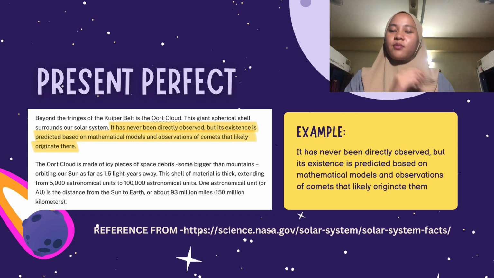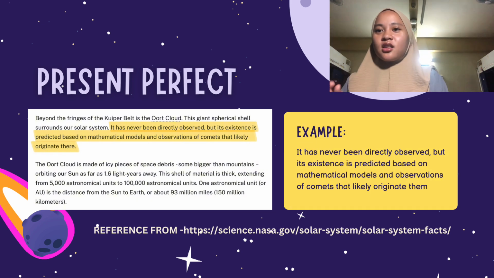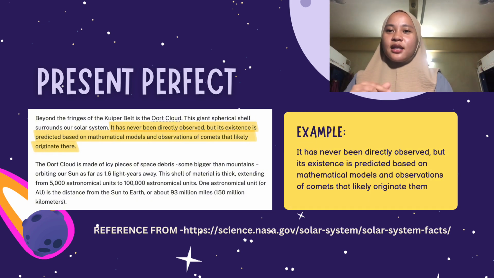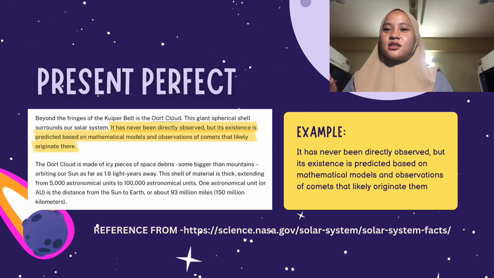For example: it has never been directly observed, but its existence is predicted based on mathematical models and observations of comets that likely originate there. The present perfect tense in this example is it has never been directly observed. There is a has in the sentence, so it is present perfect tense.